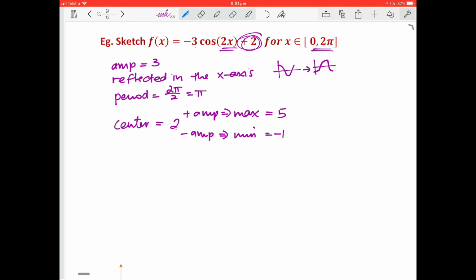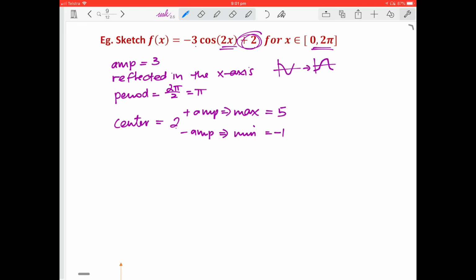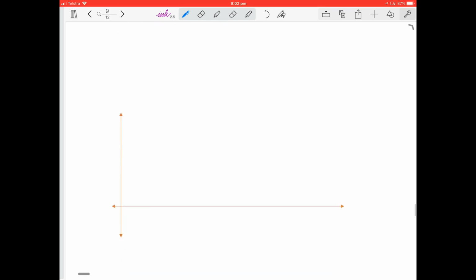So the last thing we need is a chunk, which is our period on 4. So we've got to cut it up into pi on 4s, and it's going to be between 0 and 2 pi. We know our minimum is -1, our maximum is 5.